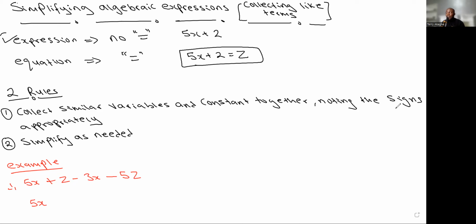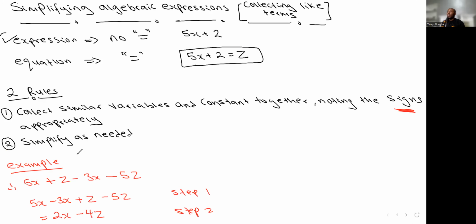Remember I said taking note of the signs, so it's minus 3x. Then the next one is plus z, and the sign is minus 5z. Then you simplify. 5x minus 3x will give you 2x, and z minus 5z will give you minus 4z. So that is step one, you collect similar variables. Then in step two, you simplify.